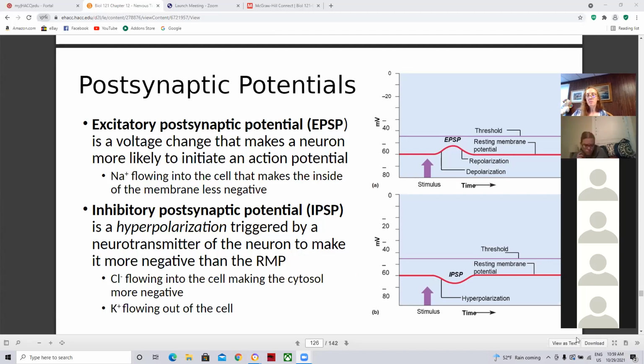These are all going to be occurring on the dendrite or the soma or part of the axon, but action potentials are never inhibitory. They are always excitatory. So these are the postsynaptic potentials that a neuron is going to receive lots of. Ultimately, they're going to sum together or cancel one another out, and that will determine whether that neuron is going to fire an action potential.